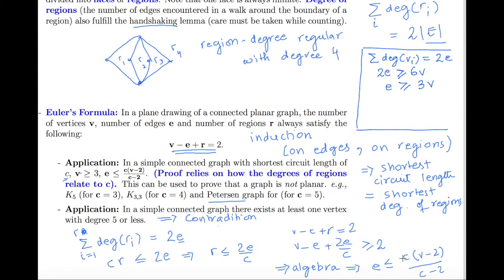The minimum value of C is 3, so this says E is less than or equal to 3 times (V minus 2), which equals 3V minus 6. So this says E is at most 3V minus 6, and this says E is at least 3V. So this means they both cannot be true at the same time. So this means that there must be at least one vertex with degree 5 or less in a planar graph, correct? Because otherwise it doesn't make sense. So in a simple connected planar graph, there exists at least one vertex with degree 5 or less.